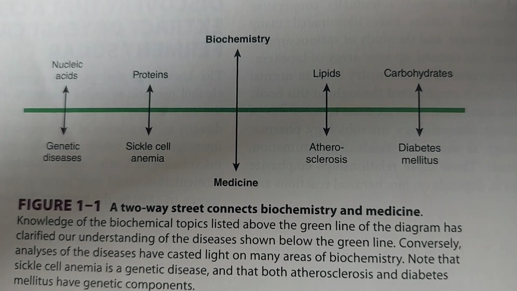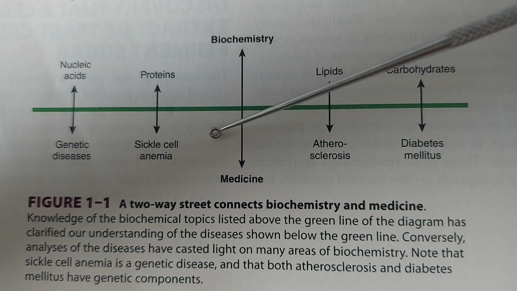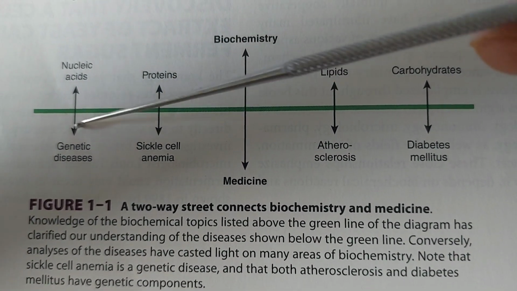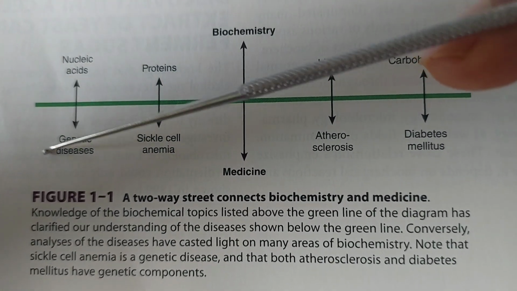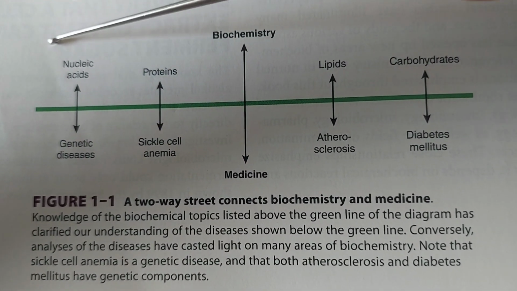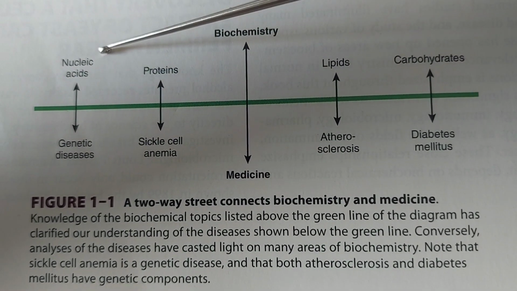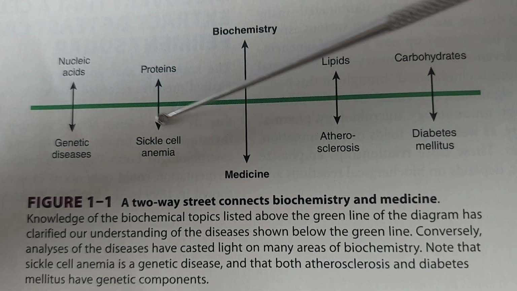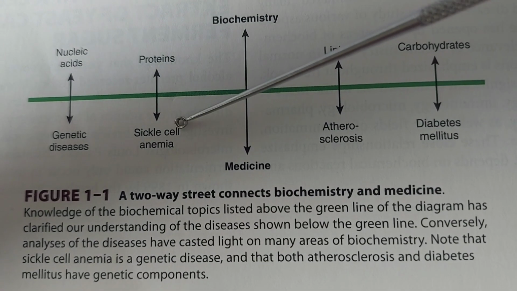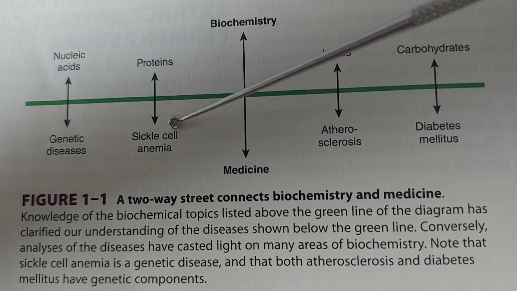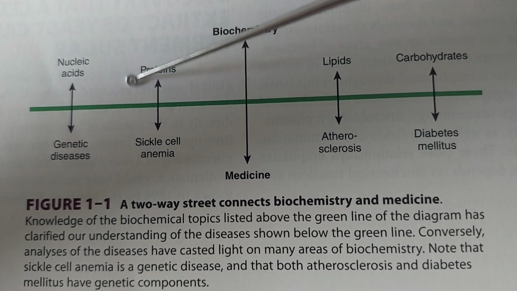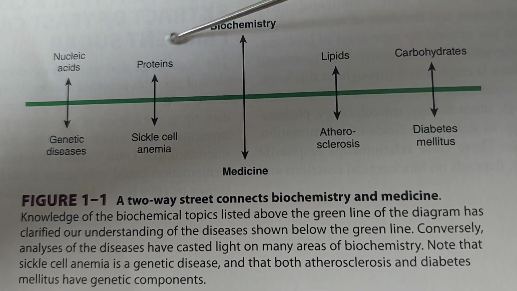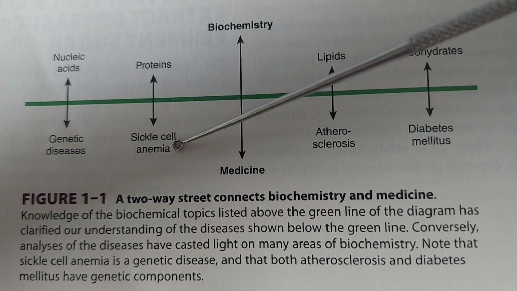So the importance of biochemistry in medicine is emerging. Here you can see the different diseases in this book, showing the relation of biochemistry with medicine. Here we see the genetic diseases. These are due to abnormalities in the nucleic acids. Sickle cell anemia is a form of anemia where there is defective formation of hemoglobin. Hemoglobin is a protein, so a defective protein leads to anemia.